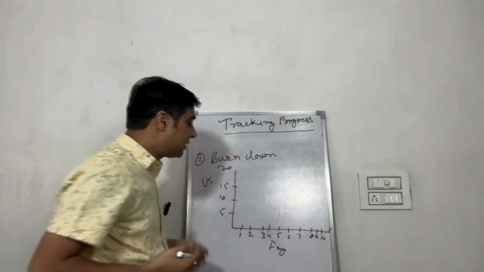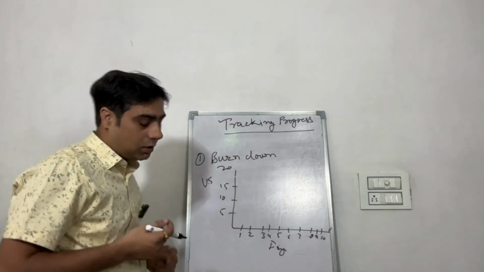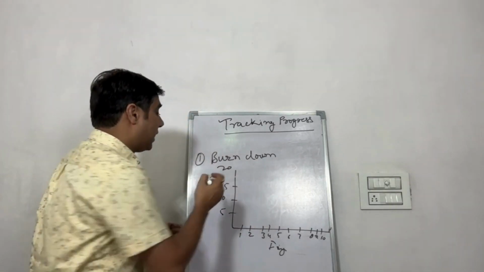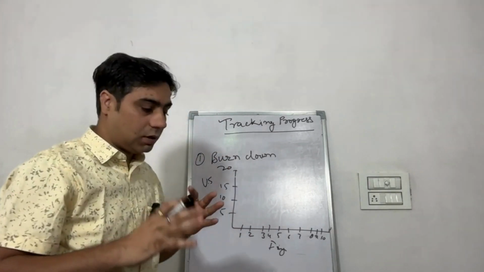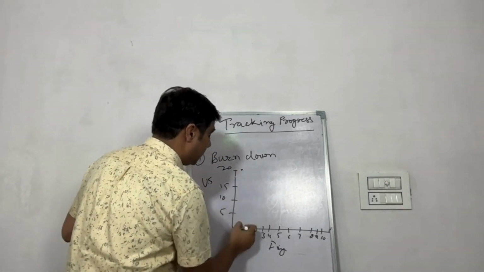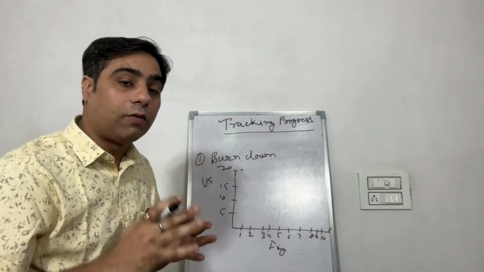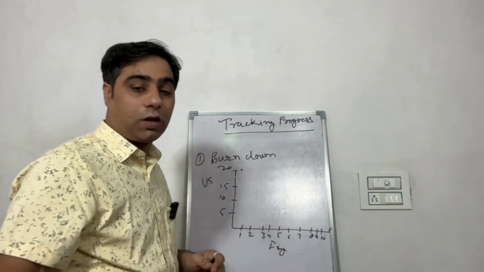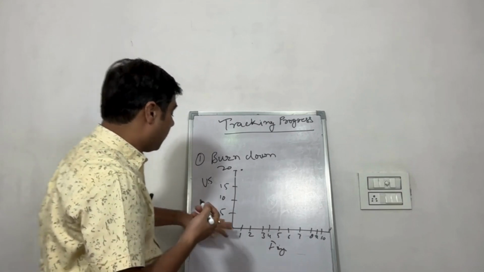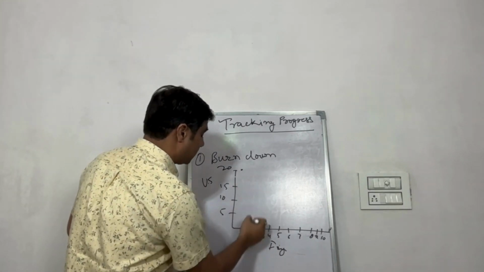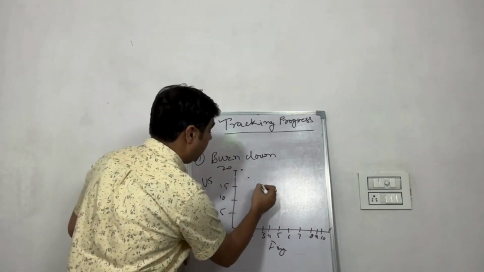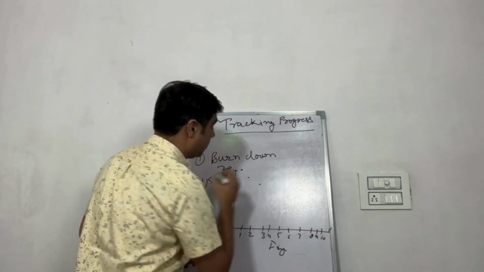Now let's see what the scenario would be when you are starting your sprint. The remaining story points would be 20 at day 1. That is how you have to see your burndown chart. Let's suppose you complete your first day, on the second day you have 18 points remaining. On the third day you have 15 points remaining.